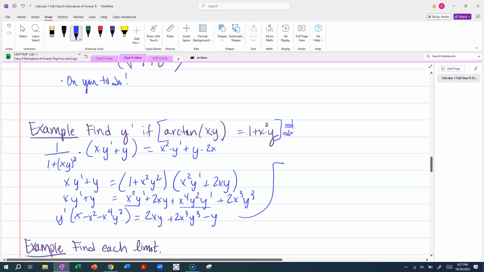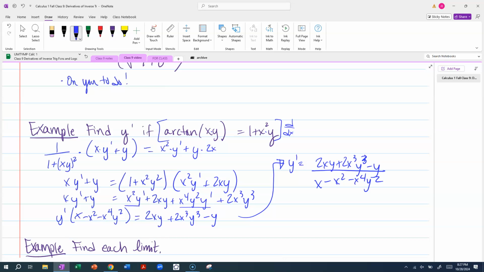Okay, and then at long last, I can say that y prime is equal to, let's see, numerator is 2xy plus 2x cubed y cubed minus y all over x minus x squared minus x to the fourth y squared. And that is a lot of x's and y's.